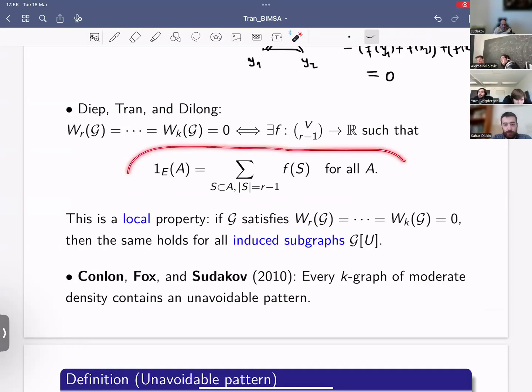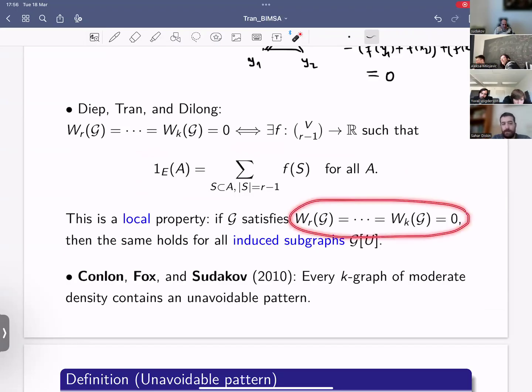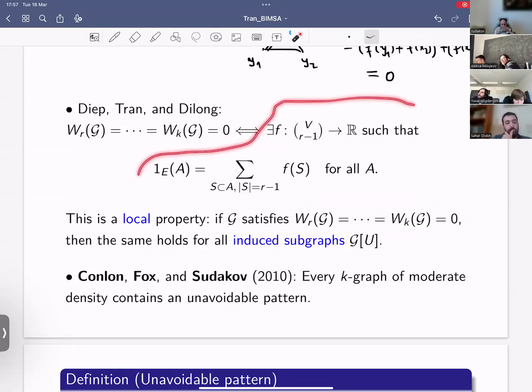It's only a local property. And in particular, if G satisfies these conditions, then the same holds for all induced subgraphs of G, simply because this is a local condition.